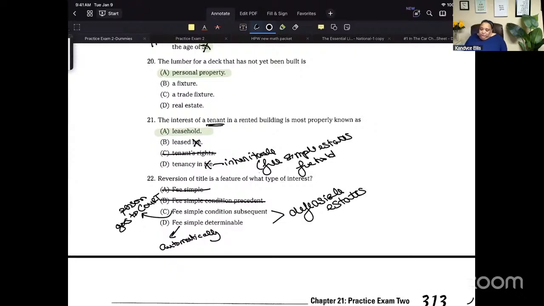So reversion of title is a feature of what type of interest? Well, if you break your condition and they take you to court, it could revert back to you. But in a fee simple determinable, if you break the condition, it's automatically going to go back to the person. Maybe D, because it's automatic. D. Yeah, Mary, I'm thinking D. Y'all are thinking D too.